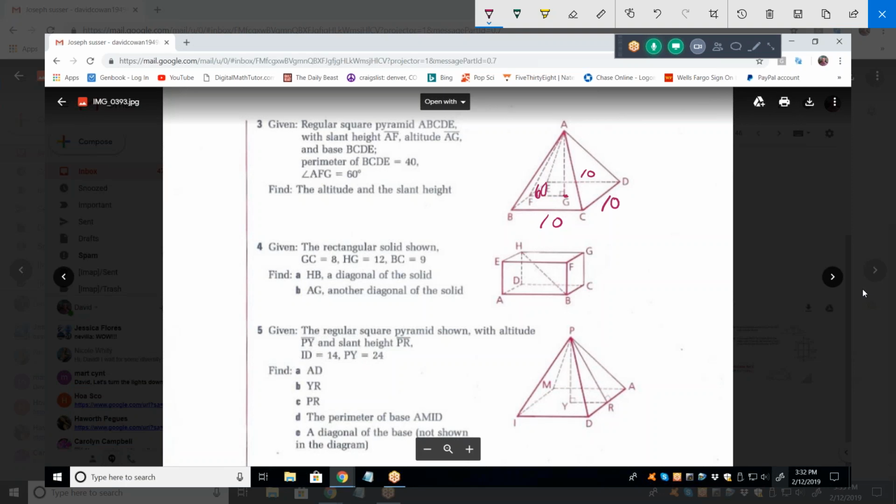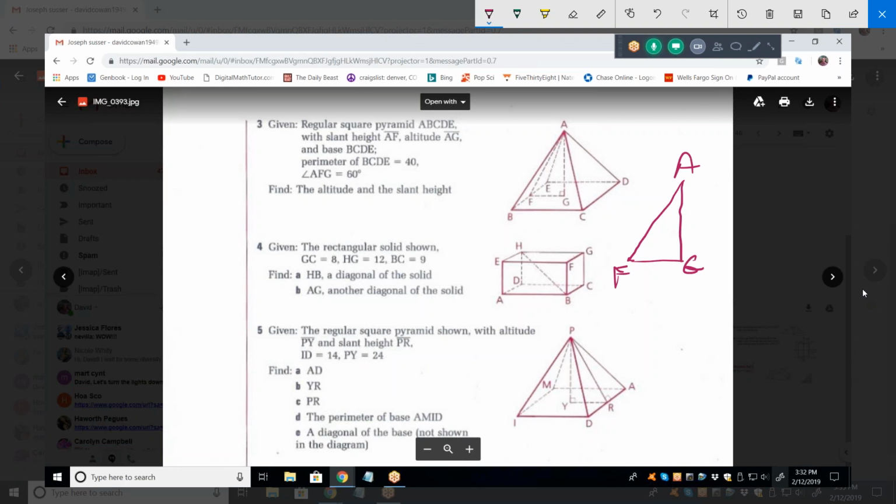So let's look at a triangle that I'm going to draw separately. I'm going to draw it over here. This triangle is FGA. Okay, so you know which one I'm talking about?